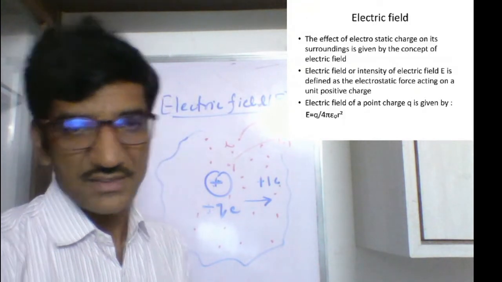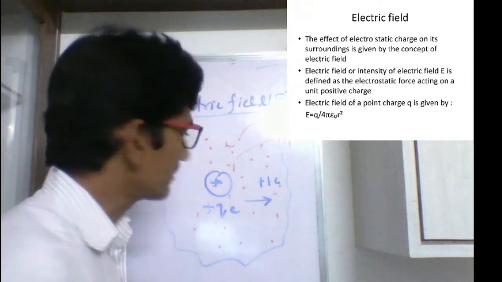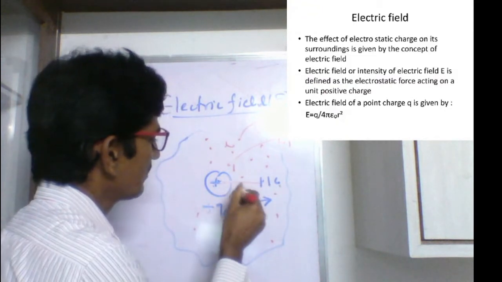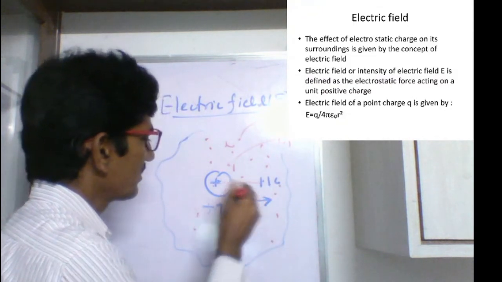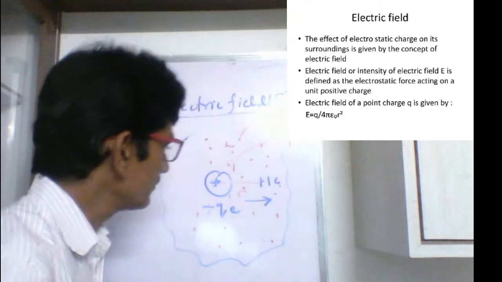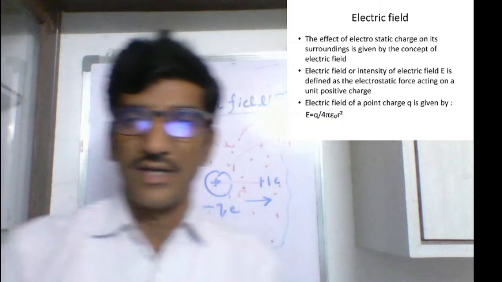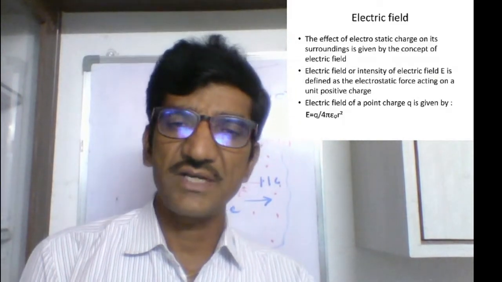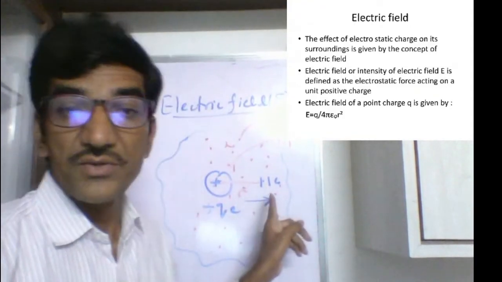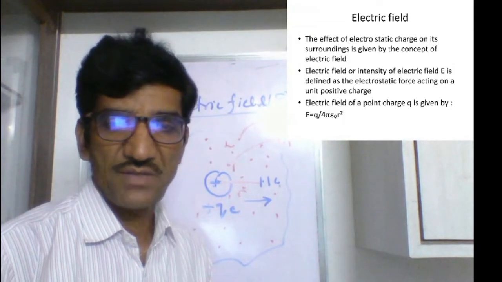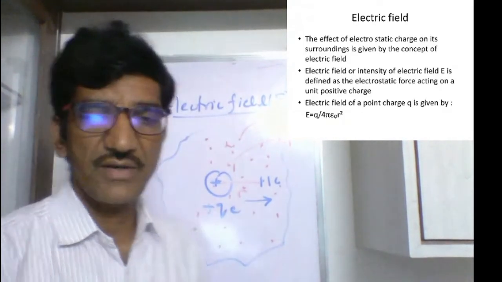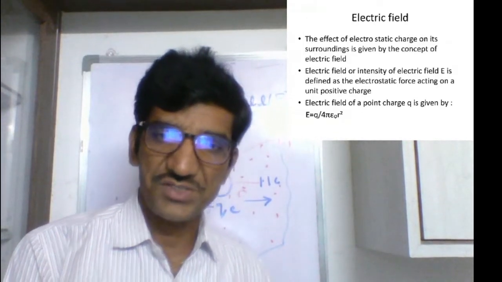We take the distance between the external charge and test charge to be R. Now, we know that electric field is nothing but the force acting on a unit positive charge. Electric field or electric field intensity is nothing but the force acting on a unit positive charge.